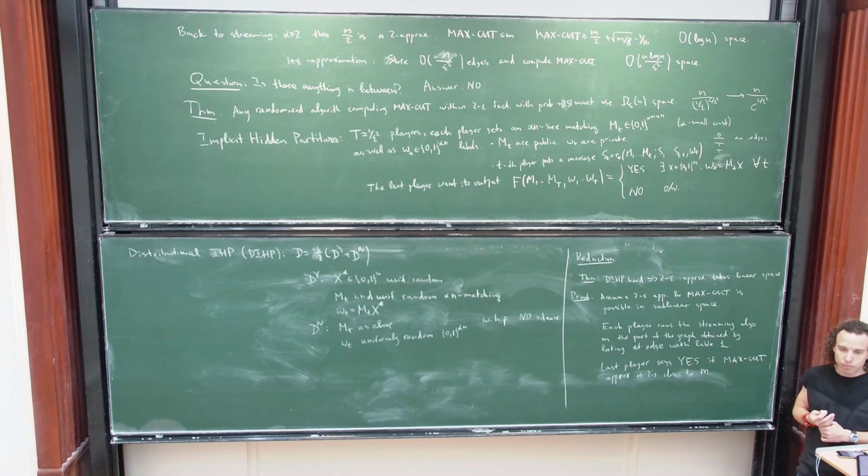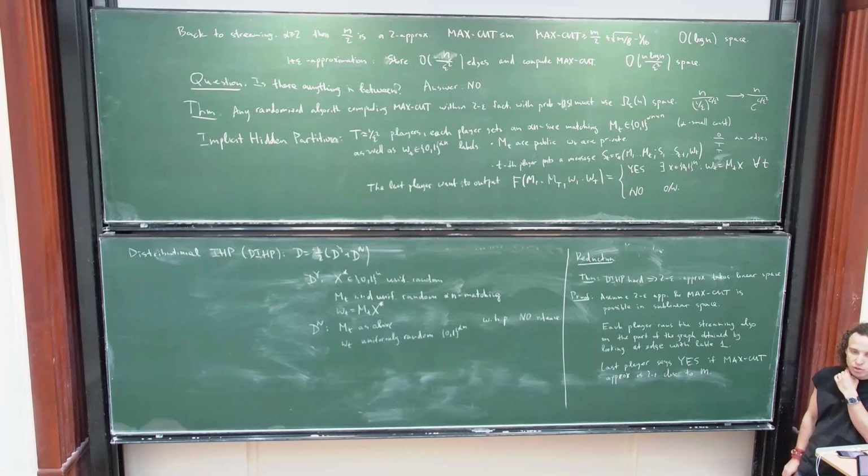I think the thing I don't understand is, what does S_T mean there? S_T is just a string of bits that the T-th player sends to the T plus 1 player. Then the last player will only receive omega of T minus 1, right? Yes. The last player doesn't have the information of omega 1 to omega T minus 2.